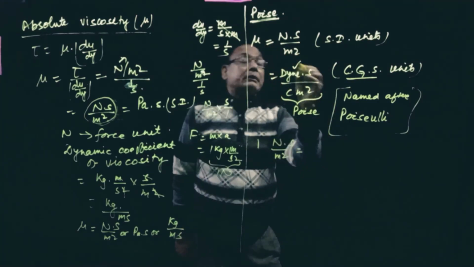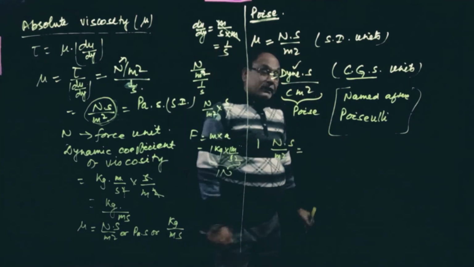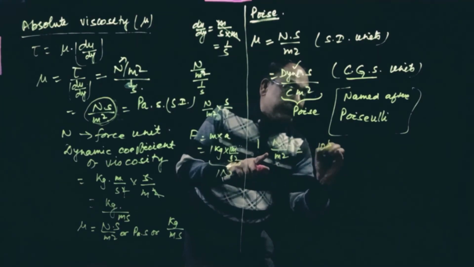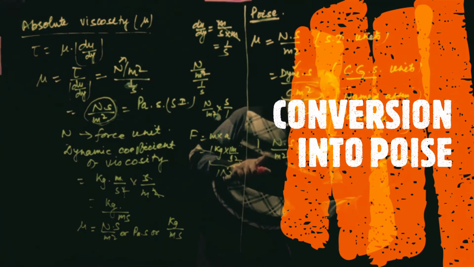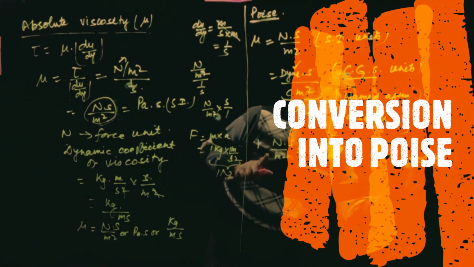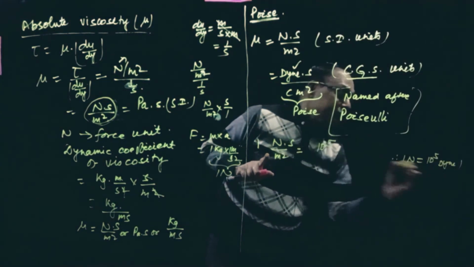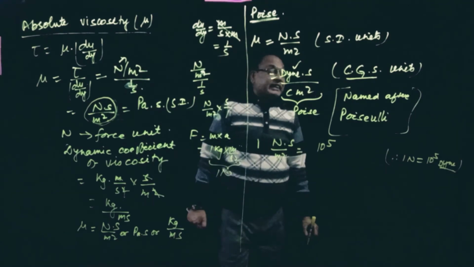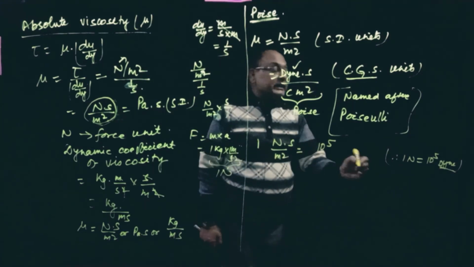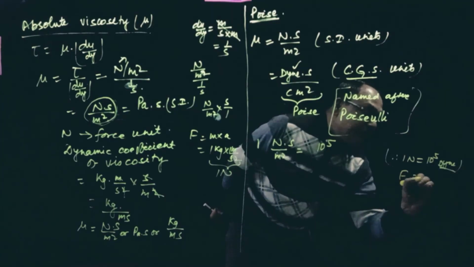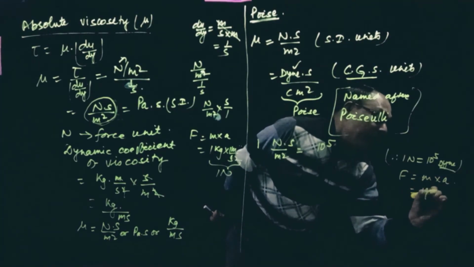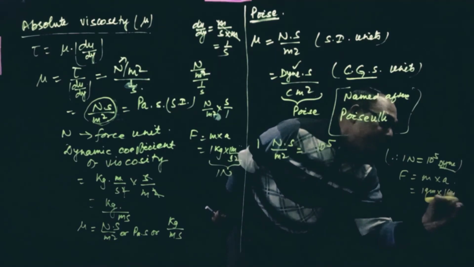Now we have to convert this into dyne. So 1 Newton is equal to 10 to the power 5 dyne. That is the conversion in the CGS system. Dyne is the force unit in the CGS system. How does it come? Force is equal to mass into acceleration. Mass is in gram, acceleration is 1 centimeter per second square.